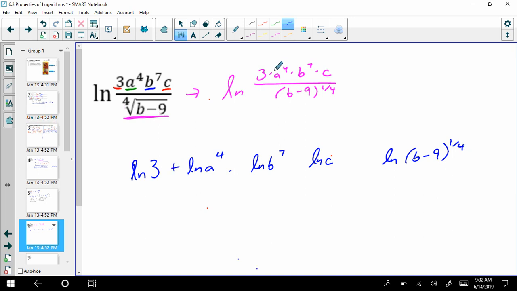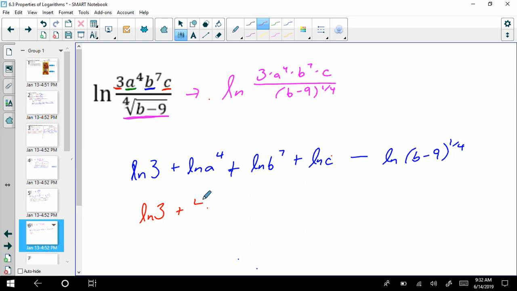Should be addition, because they're up top and it's multiplication. Next set should also be addition. Next set should also be addition. But the back set should be subtraction because it's being divided and it's in the bottom. The last step would be to move any exponents forward. I cannot move the 3 forward because that's not an exponent, so natural log 3.